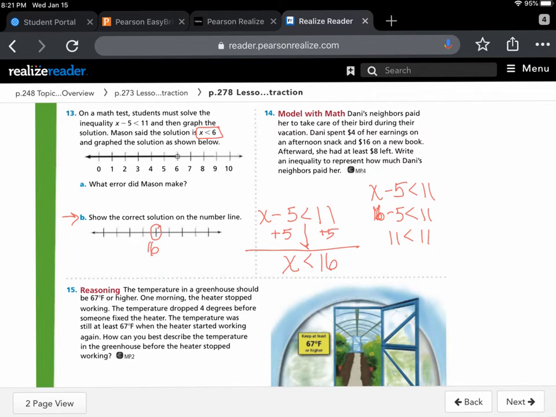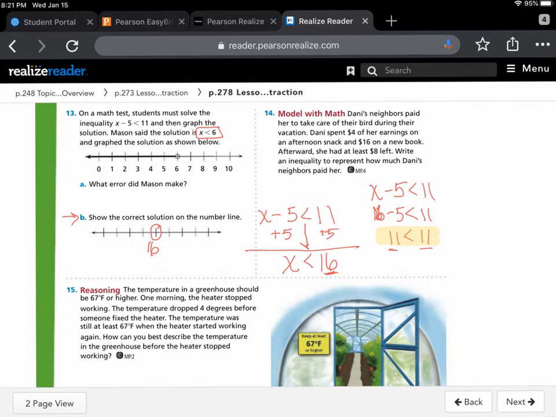Okay, there's two things going on here. One, this right here that we just did, we were checking to see if we had the correct solution. And what that means is, is this number 16 the right number? And it is, and I know that because the 11 here and the 11 here are the same number.